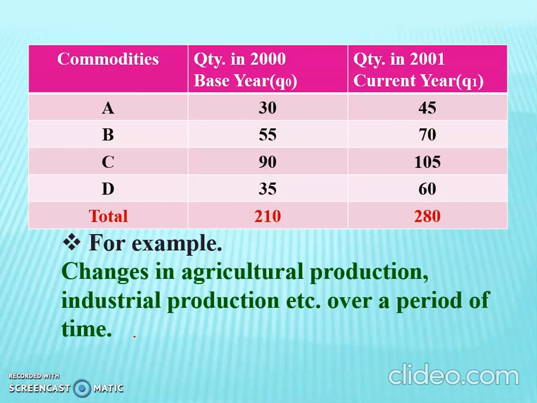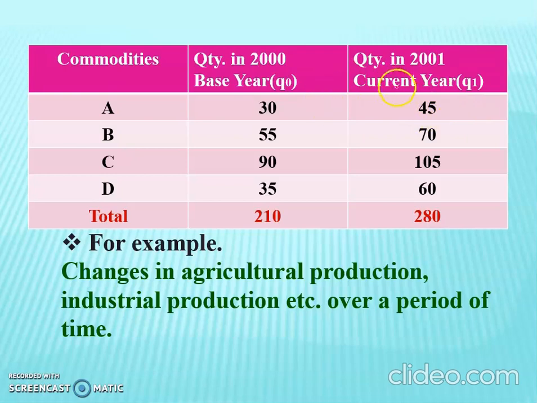Okay, here quantity is mentioned, which is given by Q0, meaning quantity in 2000, that is the base year, and quantity in 2001, that is the current year, Q1. For commodity A, 30 is the quantity taken in 2000, while 45 is the quantity taken in 2001, meaning in the current year we are getting 45 quantity.